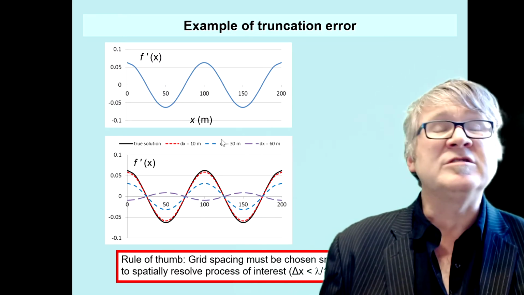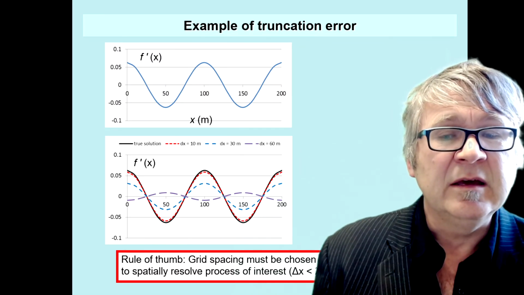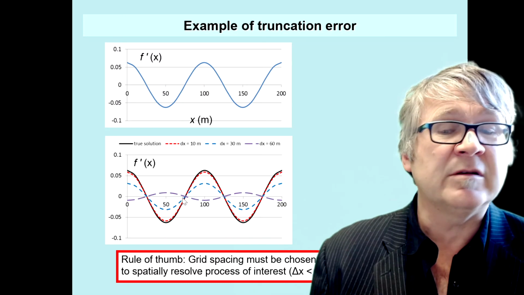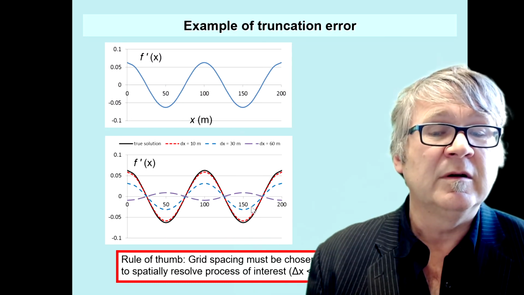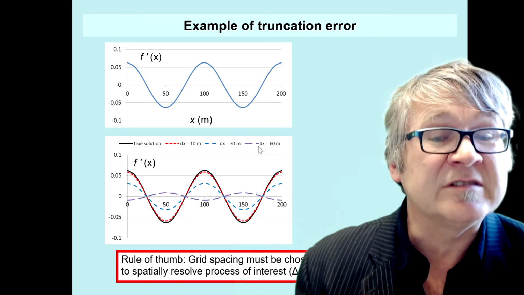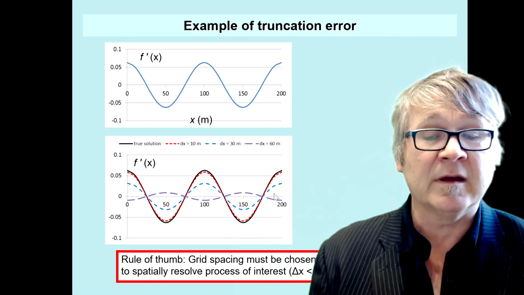Now you decide, oh, I don't need 10 meters, I just use 30 meters. If you do that, all of a sudden your gradient, your first derivative, looks much worse. You still get the positive and the negative. But if you choose 60 meters, for example, you get it terribly wrong. You even get the sign wrong.